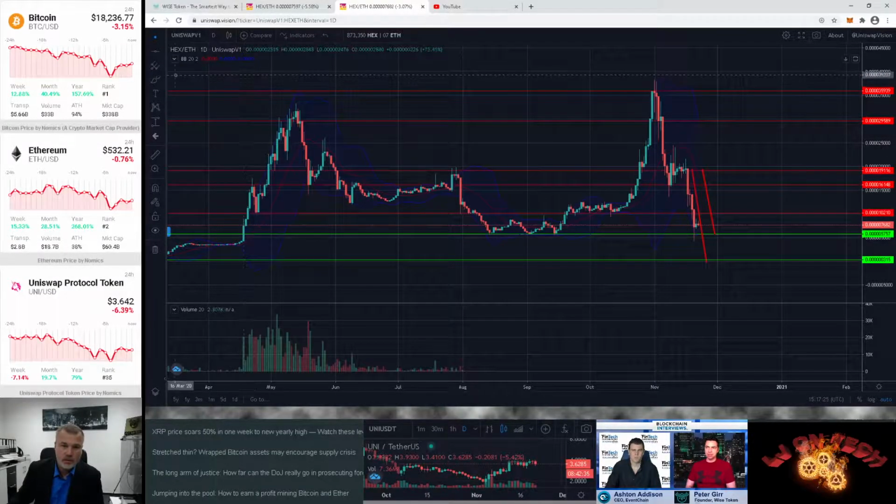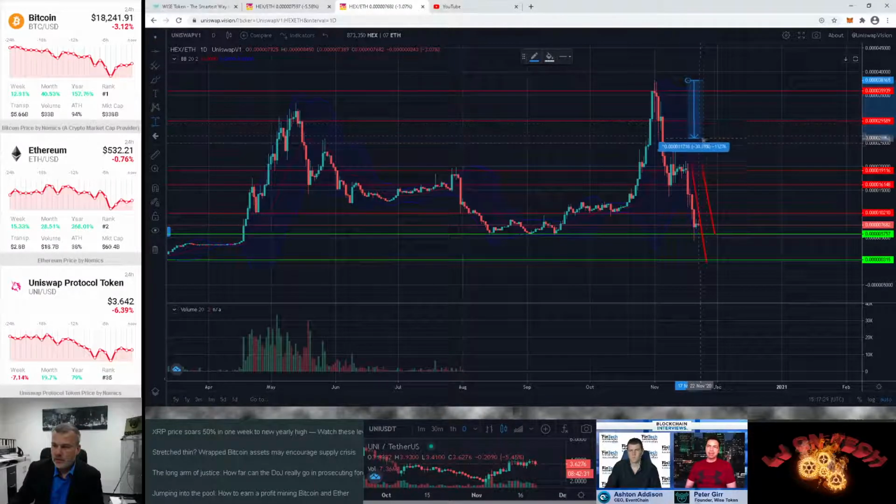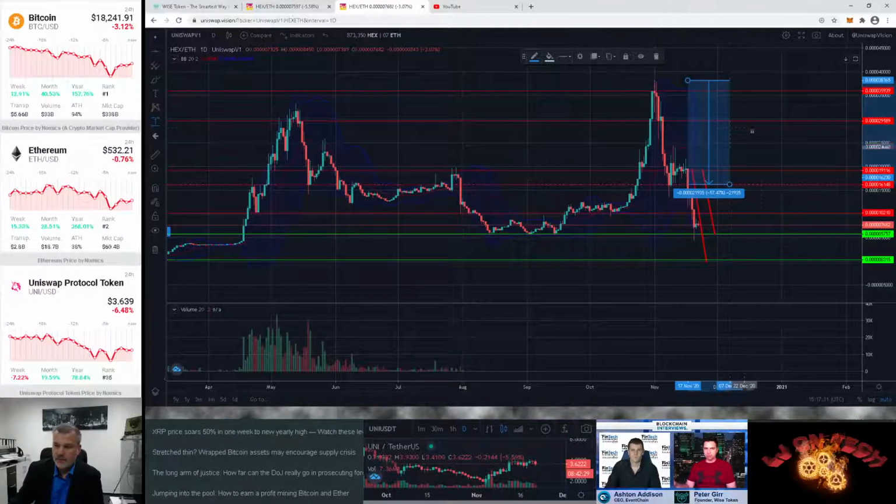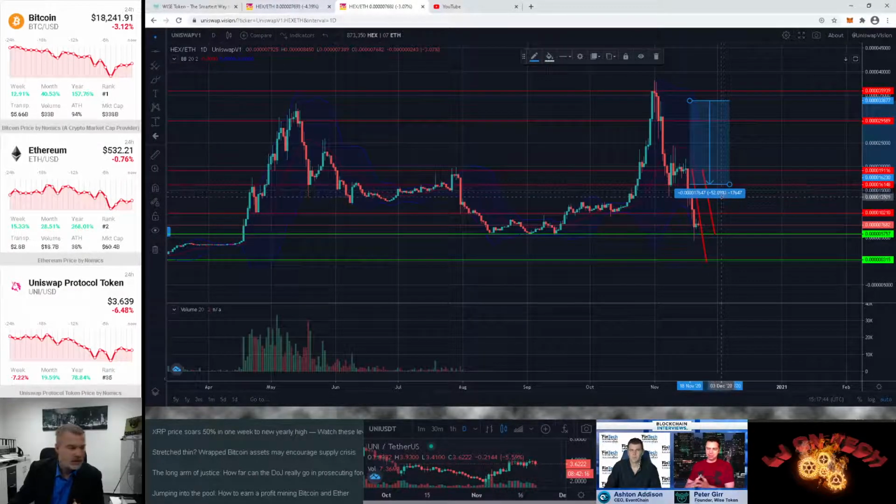Let's do a price range. Let's say those people right here are 57% down. That means you had 2 Ethereum invested at those points here and here, and right now you have, let's say, 52% less. So instead of 2 Ethereum, you have 1 Ethereum in your portfolio.